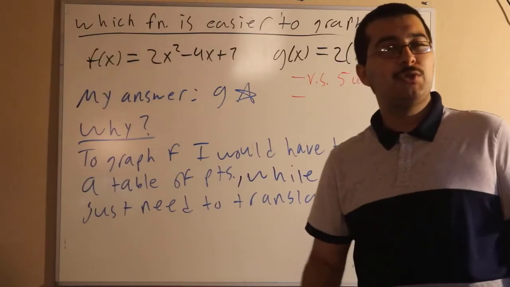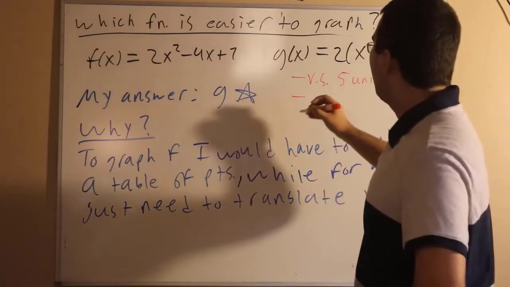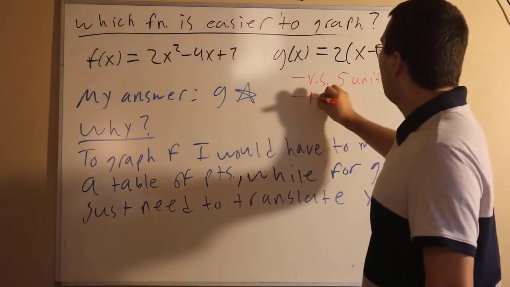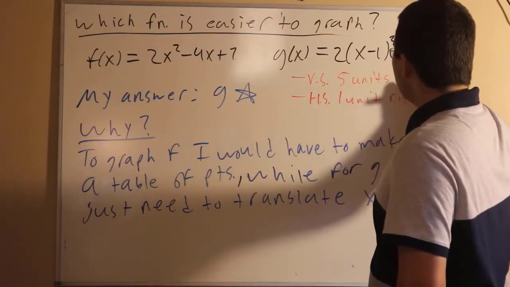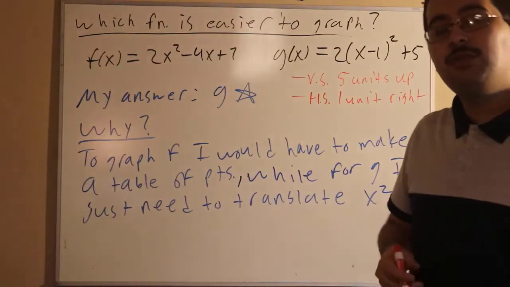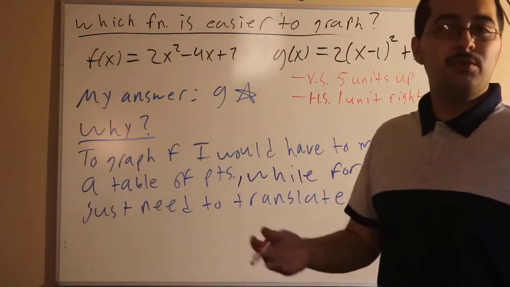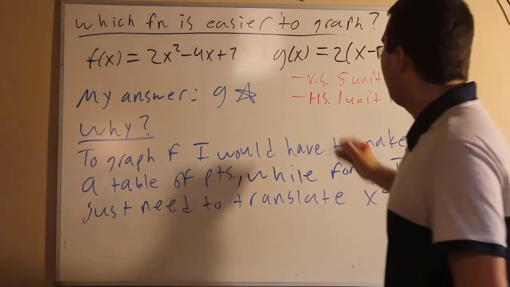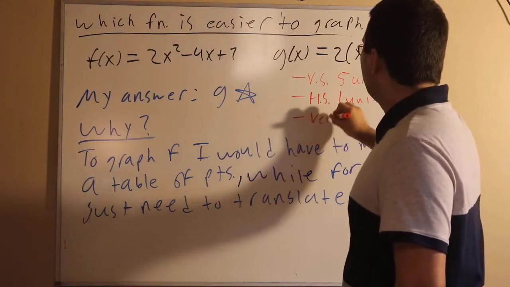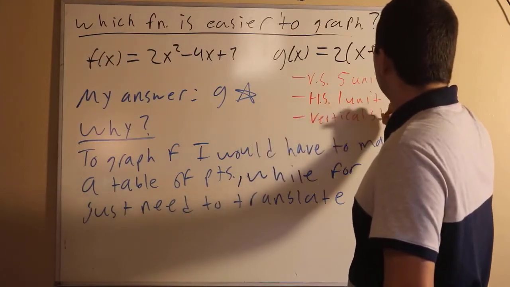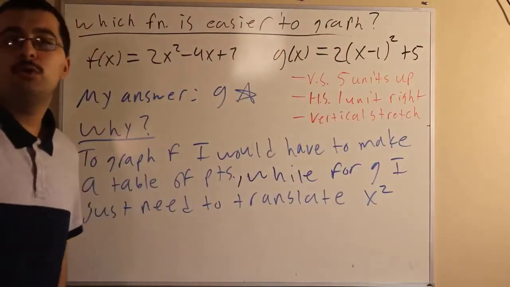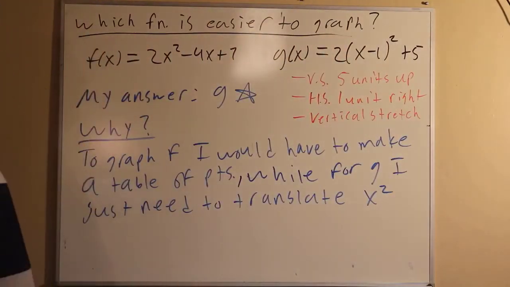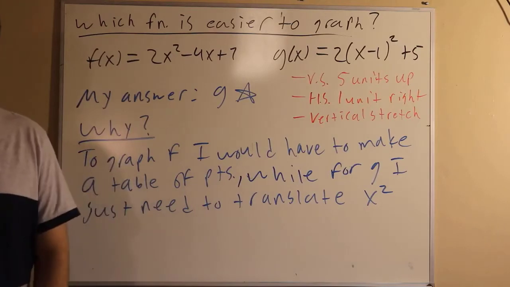We understand that's the counterintuitive horizontal shift, so I'm not moving left, I'm moving right. Horizontal shift 1 unit right. And then I multiply by a value of 2 on the outside. 2 is bigger than 1, so this is a vertical stretch. Just like that, all I have to do is take my normal parabola, apply those 3 translations, and I have already constructed the graph for g.